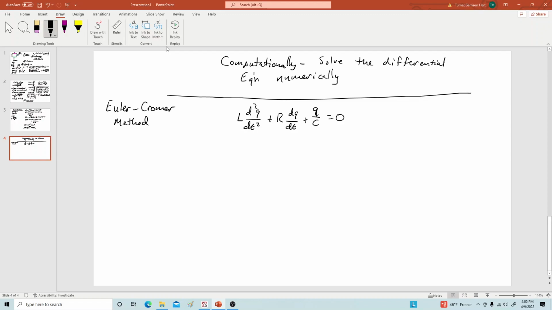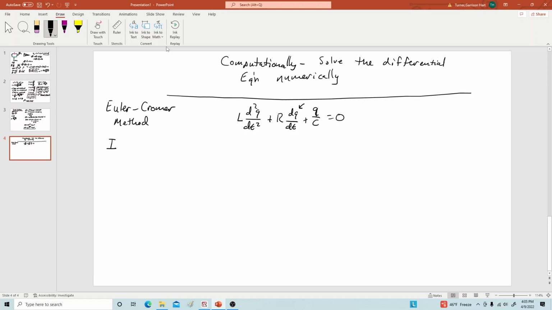So here's the method. When you have a second order differential equation, what you do is you say, and now we already know what the first derivative of q is. We know what dq dt is. We already have that.